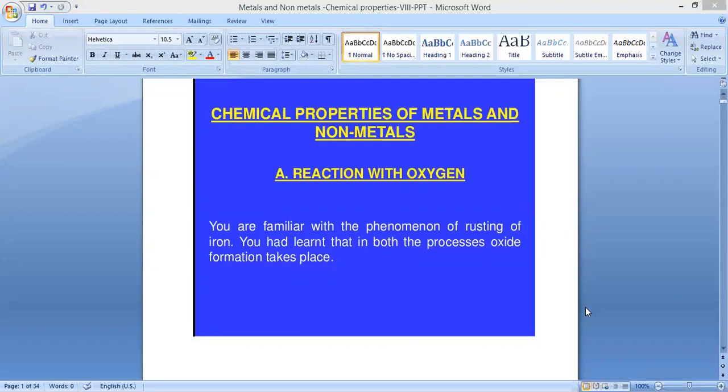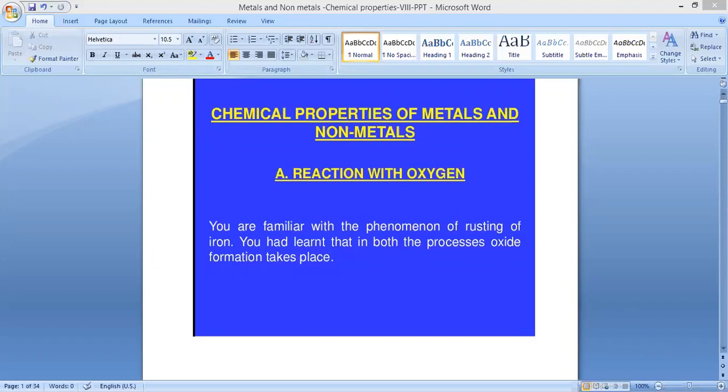What will happen? That part gets rusted. Why does it get rusted? That iron reacts with the surrounding air, which contains oxygen, and forms iron oxide. That is the reason it gets rusted. So rust means oxide formation takes place. Clear? Iron oxide, like that.